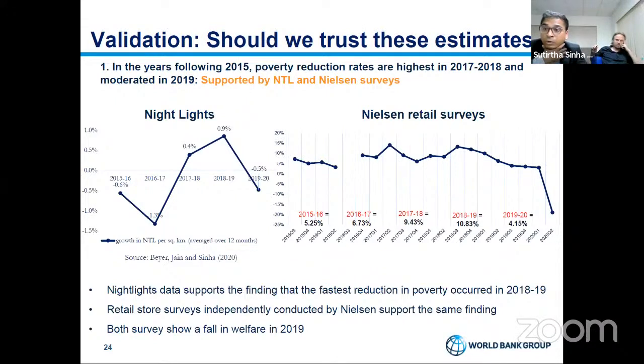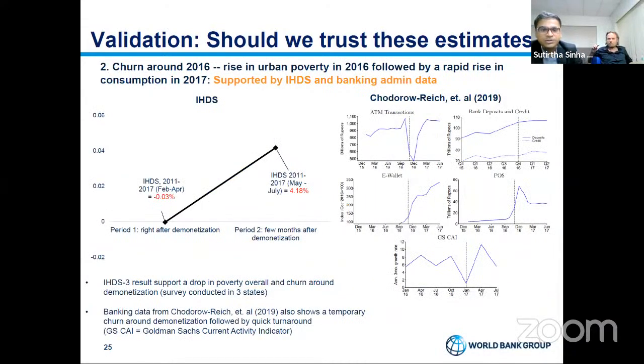If you look at the Nielsen consumption expenditure data, which covers FMCG goods, both branded and non-branded, including mom and pop stores as well as modern retail channels, we see a local maximum around 2017-2018 in terms of consumption growth. That's when poverty falls the fastest. And then the moderation in 2019 is again associated with a moderation in the rate of poverty reduction.